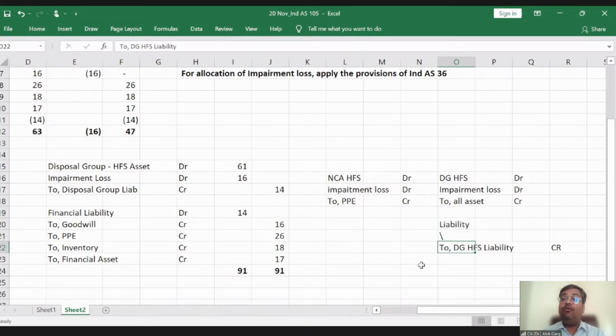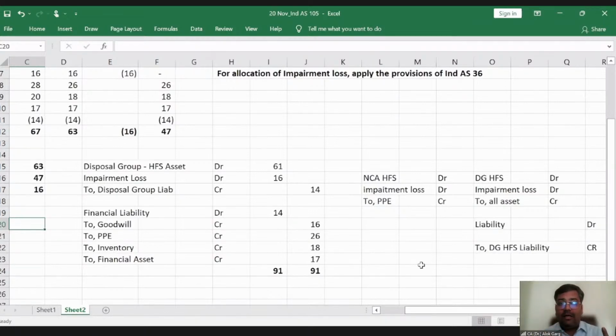Like your normal asset has been credited and disposal group asset has been debited, likewise your disposal group liability will be credited and normal liability will be debited, right? If there is any difference between this, it will again go to the impairment. But there will not be any difference between the liabilities. Okay, so same accounting entry I have passed here.